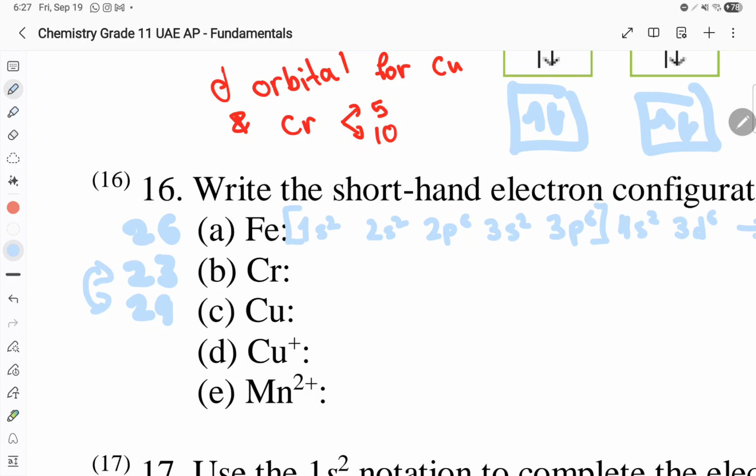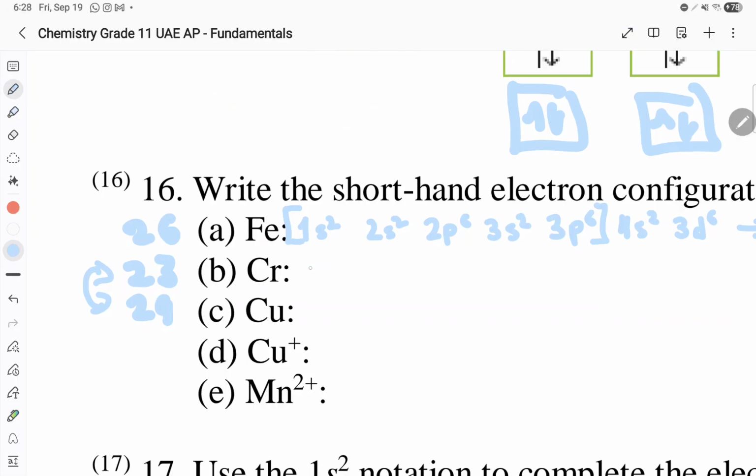Chromium, okay, it's 1s2, 2s2, 2p6, 3s2, 3p6. Now we reached 18. It has 23. So it has how many left? It has 5 left, right? So now let's continue with 4s2 and then 3d.